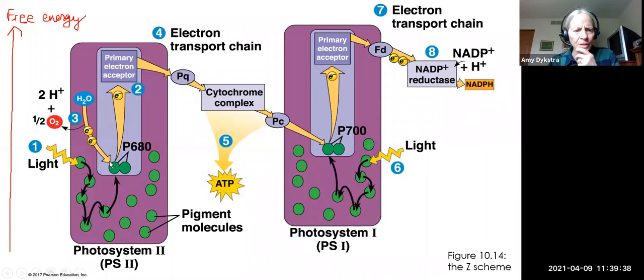So as we talked about last time, pigments in the light harvesting complex will absorb light, and then the light energy gets passed from pigment to pigment until finally we have the chlorophyll A in the reaction center that is absorbing just the right amount of energy in a photon.